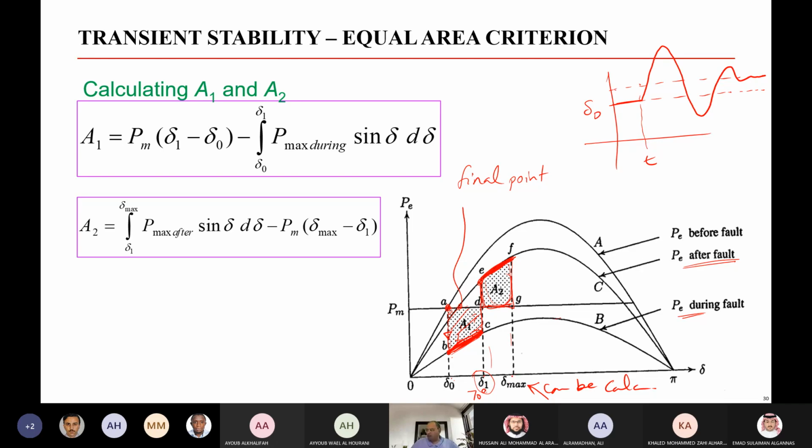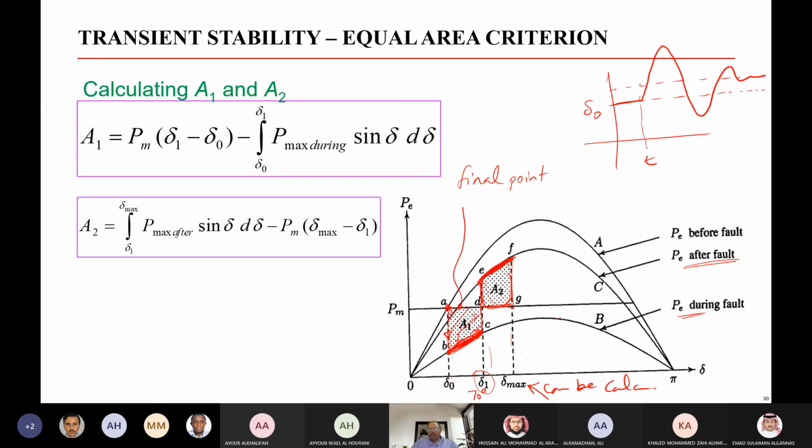Similar to what we have done in the last example. It's unknown when? If we are targeting the critical clearing time.